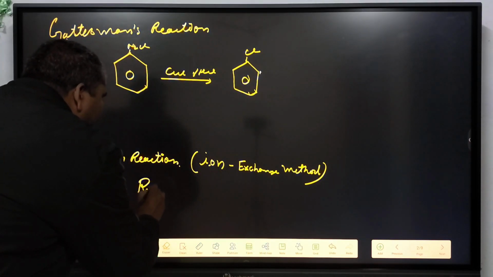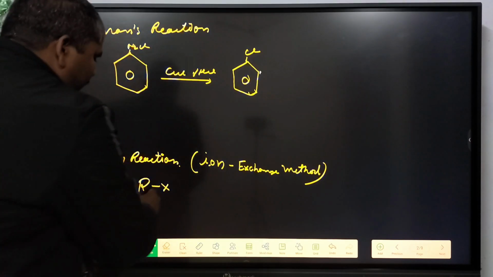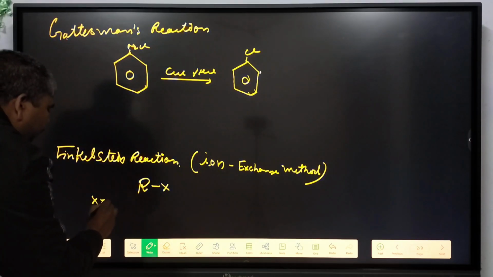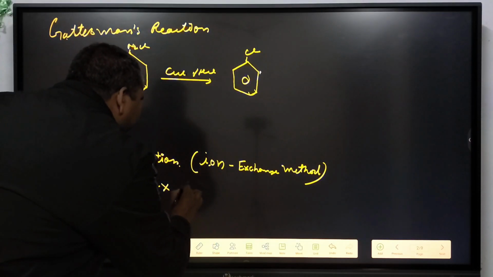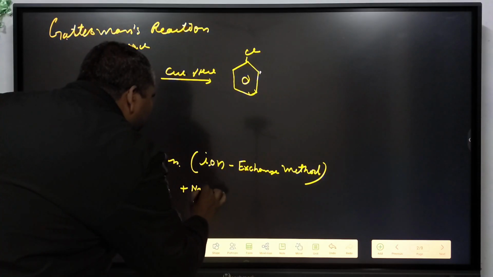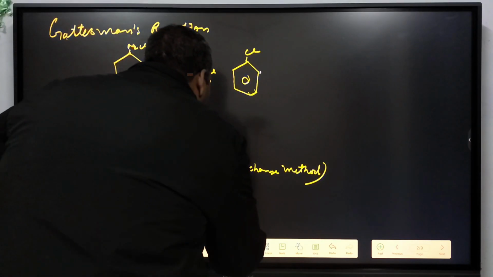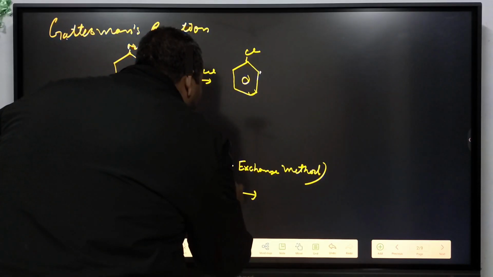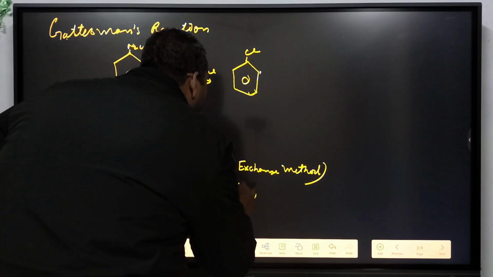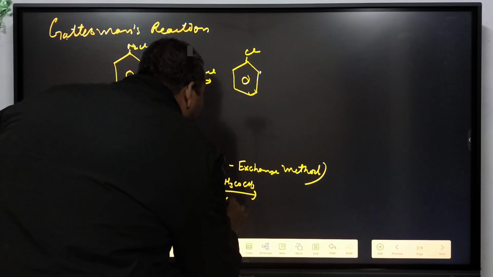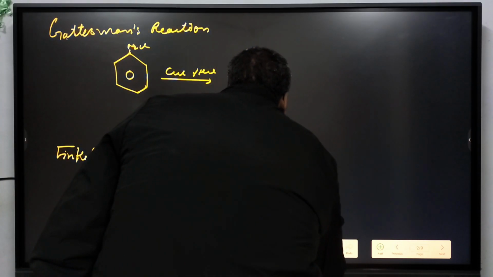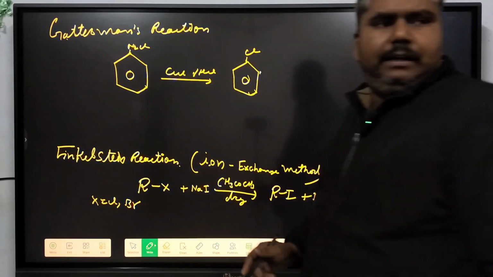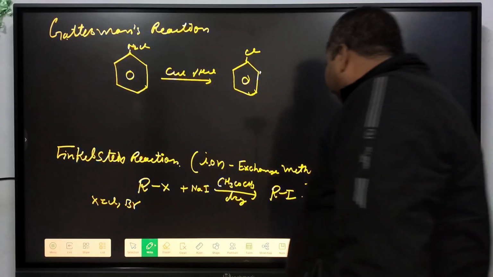Here RX, where X represents chloro or bromo, reacts with sodium iodide in the presence of dry acetone. It will convert into alkyl iodide.